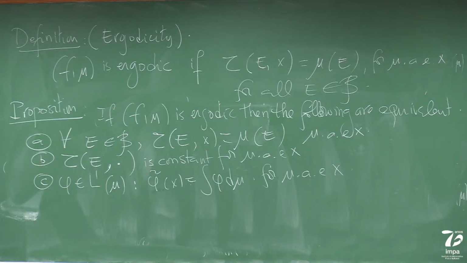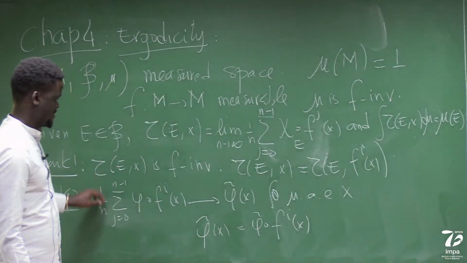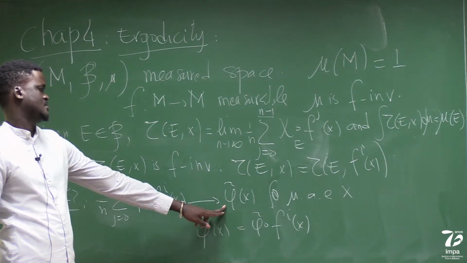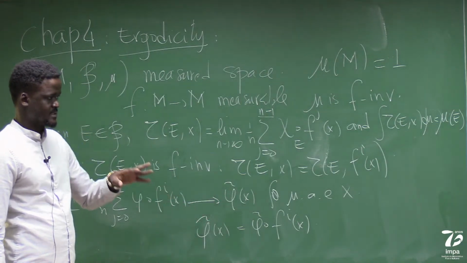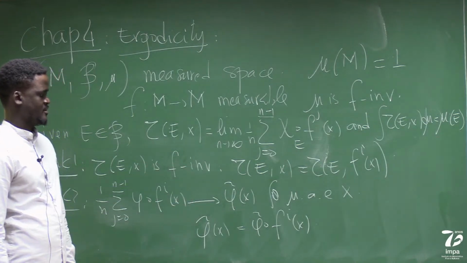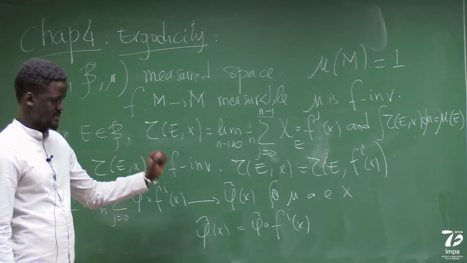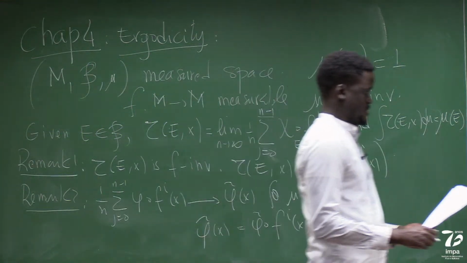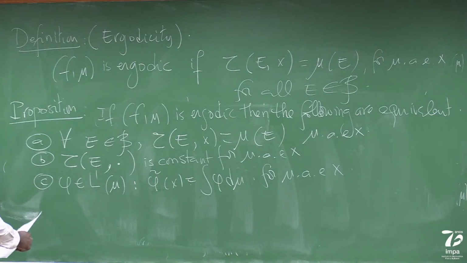Here you could not say yet it is converging to space average, just converging to a function. But ergodicity will tell you that this function is constant for mu almost every x, and that constant is just the space average, which is the integral. Okay. So I'm assuming I'm with probability measures here, C and D.